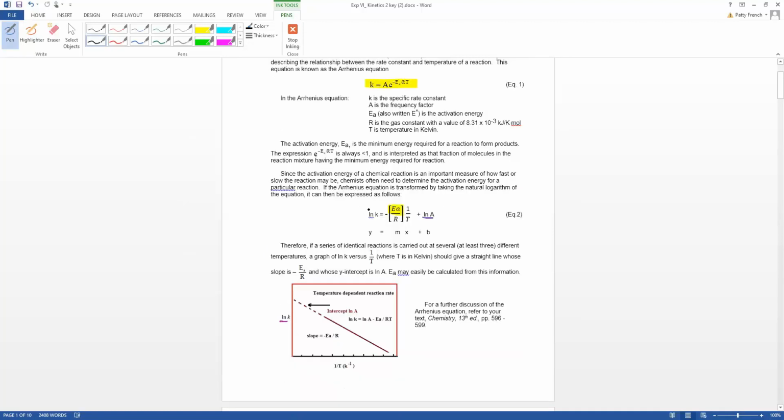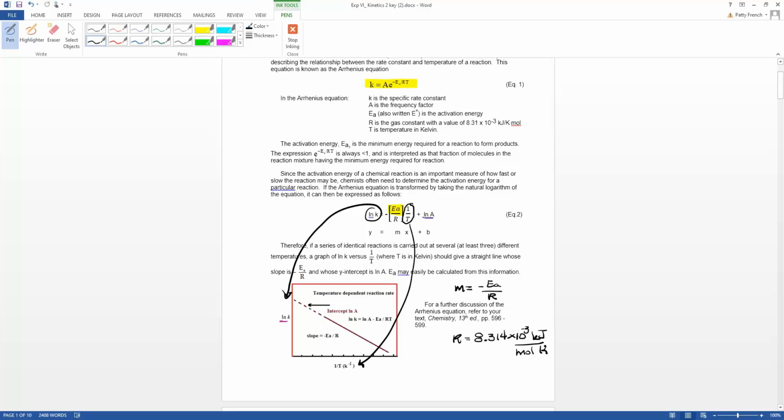If we plot ln of k on the y-axis and 1 over t on the x-axis, then we're going to get a line y equals mx plus b, where the slope is equal to negative activation energy over R. R, of course, is 8.314 times 10 to the minus third, because we're in kilojoules per mole K.